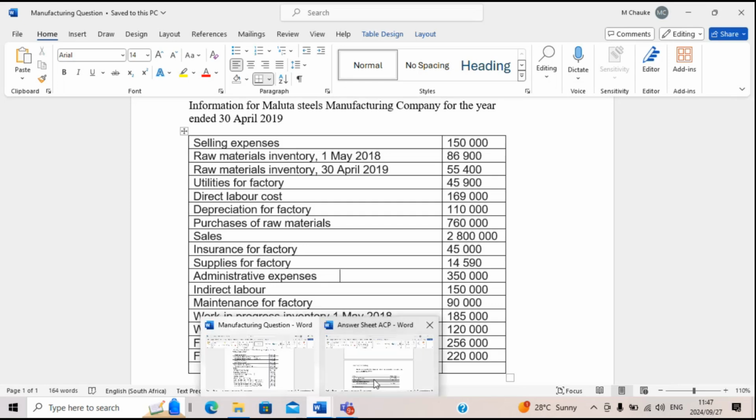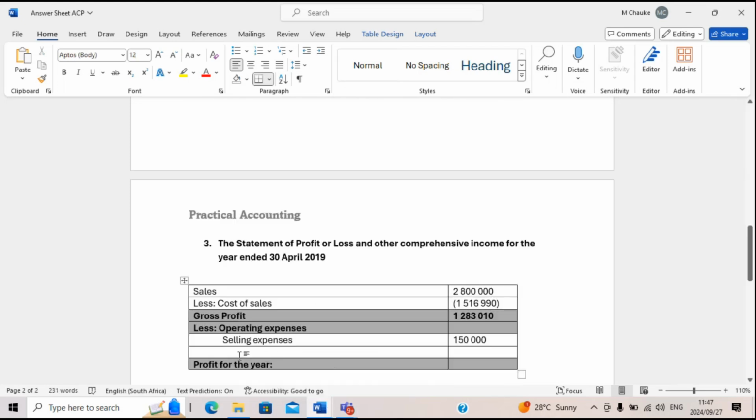So let's go to our answer sheet and say administrative expenses, or maybe office expenses as well. They are also operating expenses, right? Administrative expenses is 350,000, right?